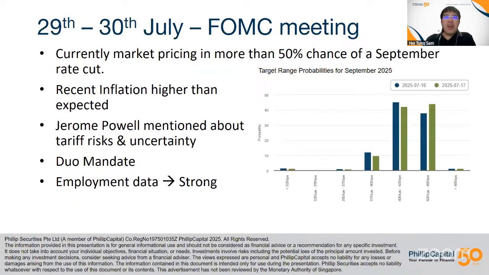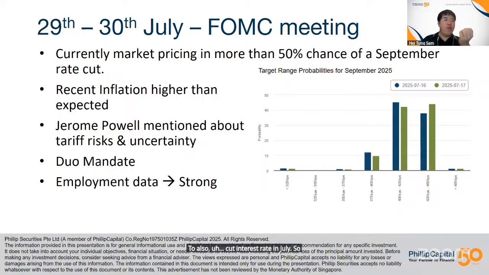So for the 29th to 30th FOMC meeting, currently the markets are pricing in a 50% chance for a September cut. So for July, no cut, but some of the Federal Reserve chairs have been speaking out, saying that they might vote to also cut interest rates in July.